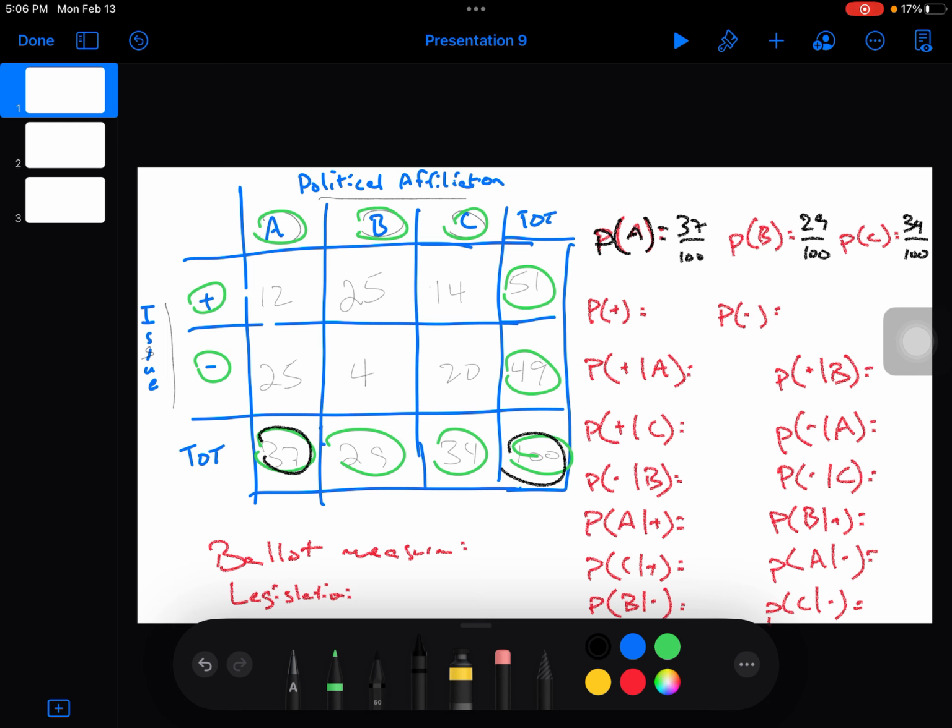Probability of a randomly selected person from the population being in favor of the policy is 51 out of 100, 51%. Probabilities will always be between 0 and 1, where 1 is 100%. And the probability of a randomly selected person not liking the issue is 49 out of 100.